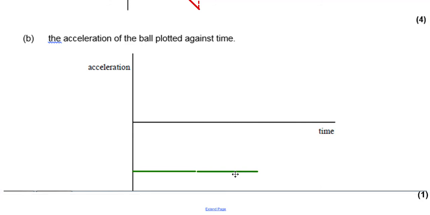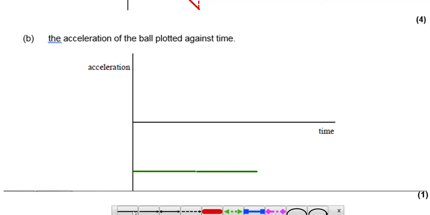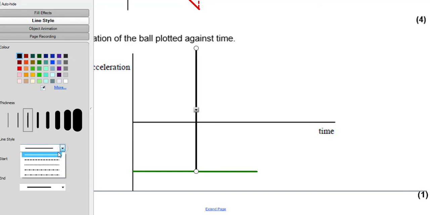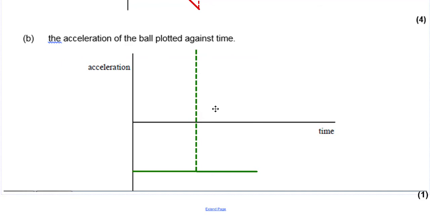Now, you could argue, if you were being a bit precious about this, or a bit pedantic to use the correct term, you could say, well, hang on a sec, in that bit in between, it's suddenly got itself a very, very big positive acceleration as it changes direction. So for my own peace of mind, I'm inclined to do a little sudden jump there and then carry on.